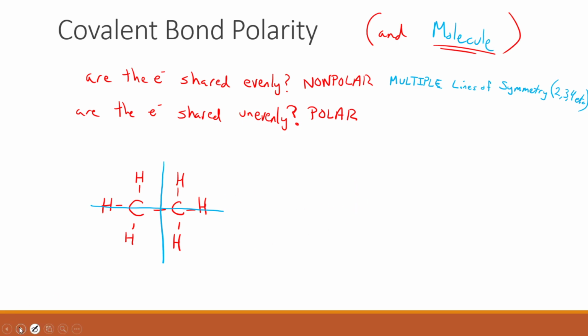If there is a substance that does not have two or multiple lines of symmetry, right? Let's say we had C2H5OH. All right, we make ethanol.